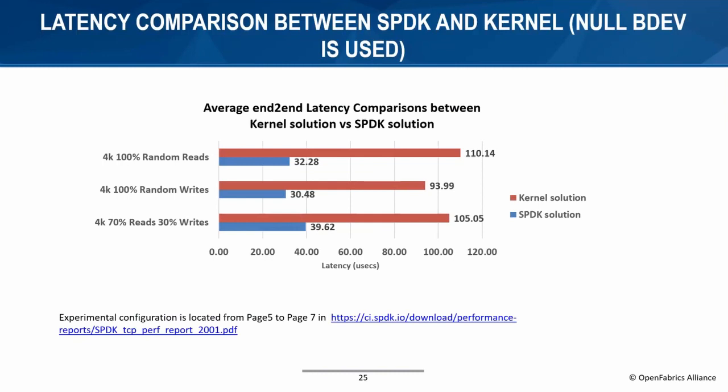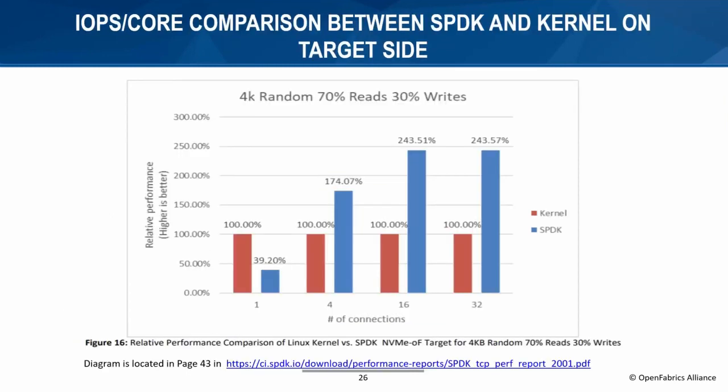So next page, please. This page shows the per-core IOPS comparison between SPDK and the kernel. We can see that generally, with the connections increasing, the SPDK performance is about 1.7 to 2.4x better than the kernel.